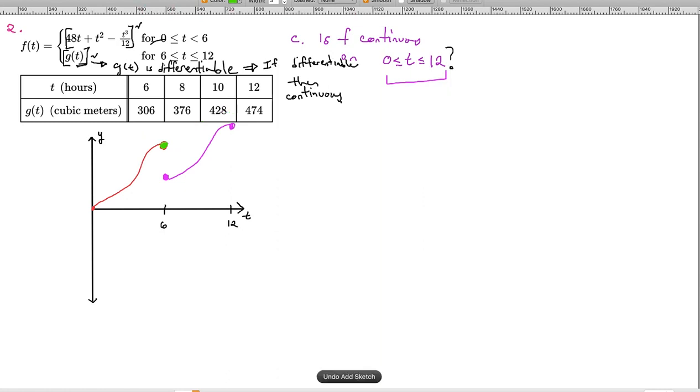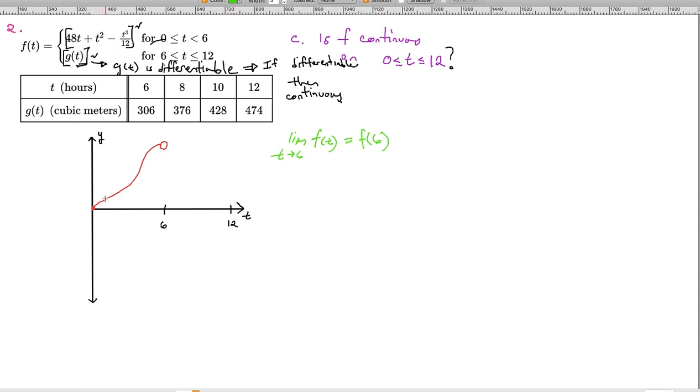Now, the way to do that in an analytical way is to say you want to determine whether f is continuous at 6. The limit as t goes to 6 of f of t needs to be equal to f of 6. That's the definition of f being continuous at 6.